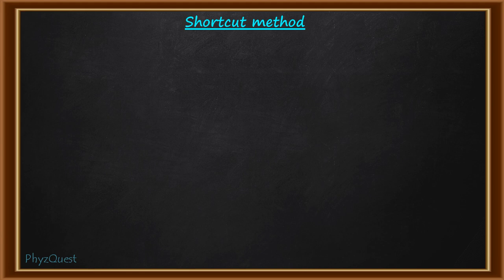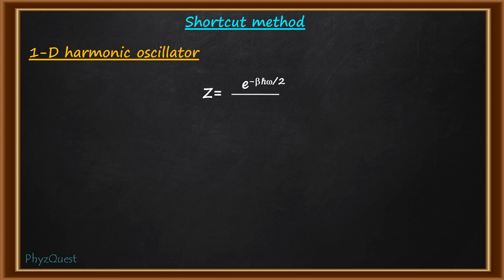And from that expression, we can directly derive the partition function for the two-dimension harmonic oscillator. So the partition function for the one-dimension harmonic oscillator is Z is equal to e to the power minus beta h cross omega by 2 divided by 1 minus e to the power minus beta h cross omega.